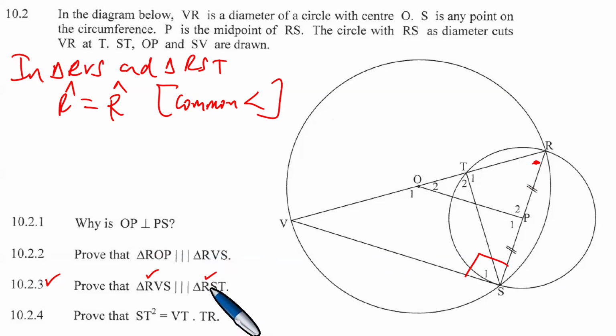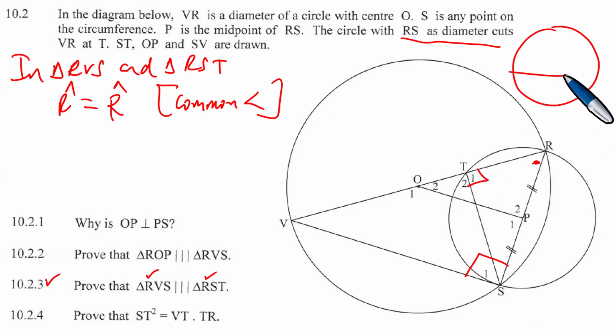We're told that RS is a diameter. So if RS is a diameter, it will subtend an angle of 90 degrees at circumference. That's a grade 11 theorem, so you need to always note that. If you have a line through the center, it subtends an angle of 90 degrees at circumference, and therefore this angle is 90 degrees.